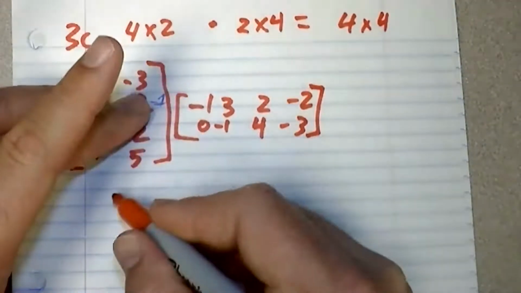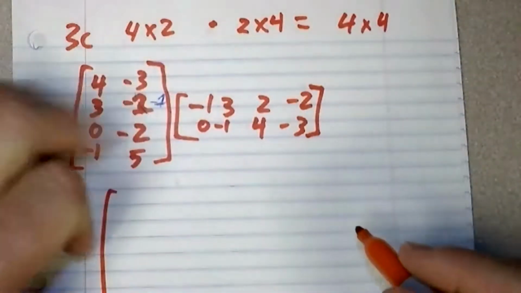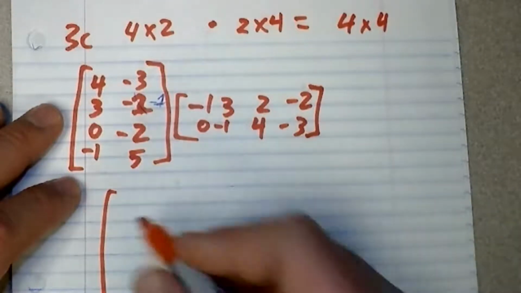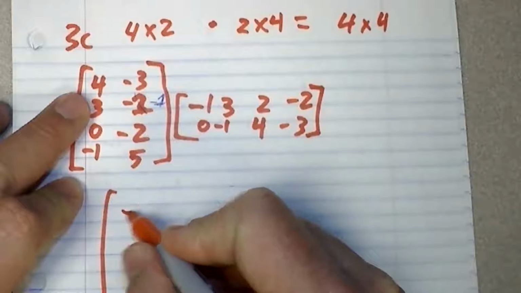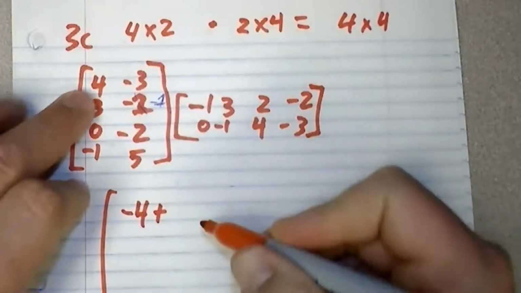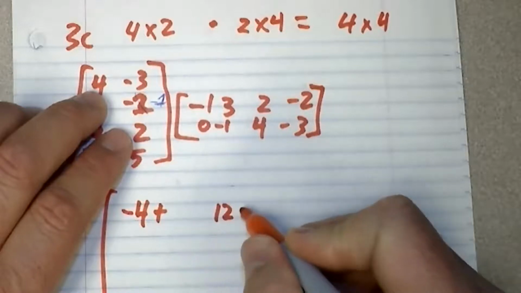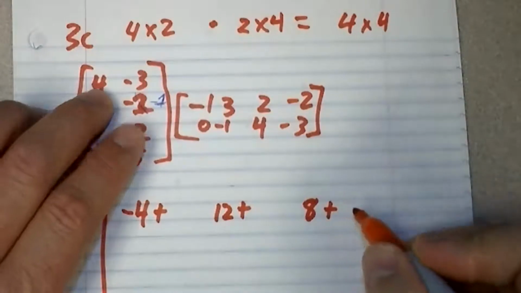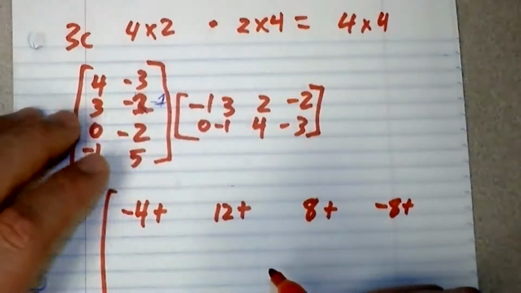Okay, so man, I can't help it. I just start feeling lazy and more confused. So I'm gonna do -4 plus, and then I'm gonna do 12 plus, I'm gonna do 8 plus, and then I'm gonna do -8 plus.